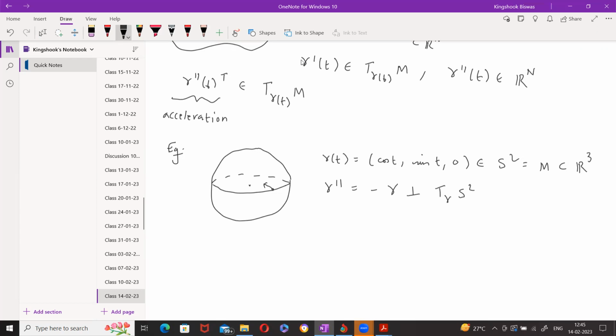So this is normal to the tangent space. So that means that your acceleration, gamma, tangential component is 0. Okay?